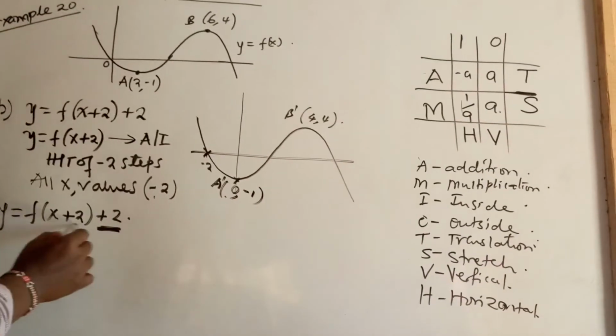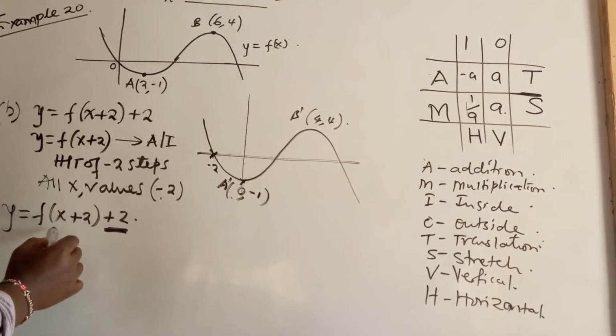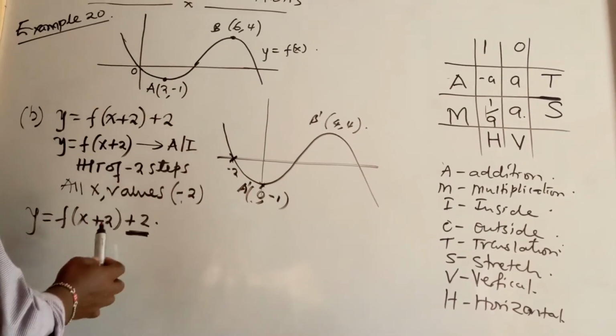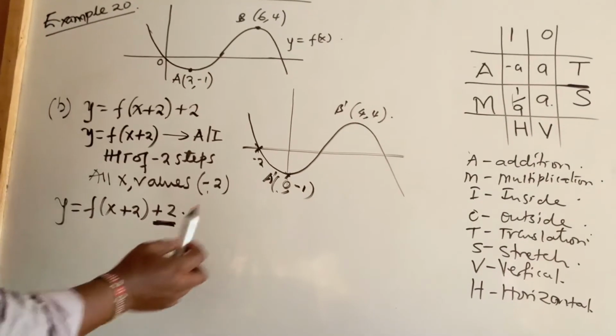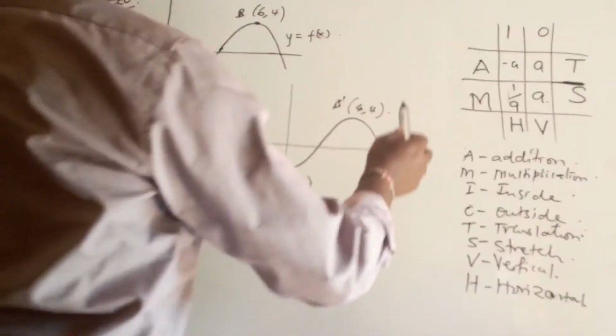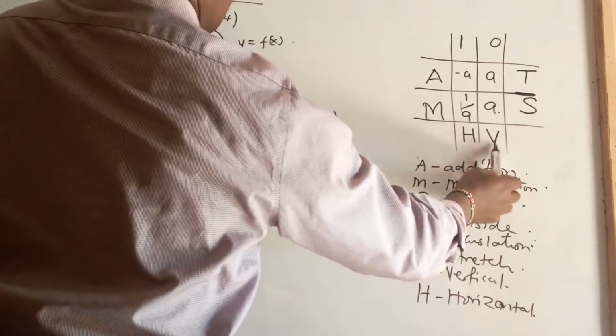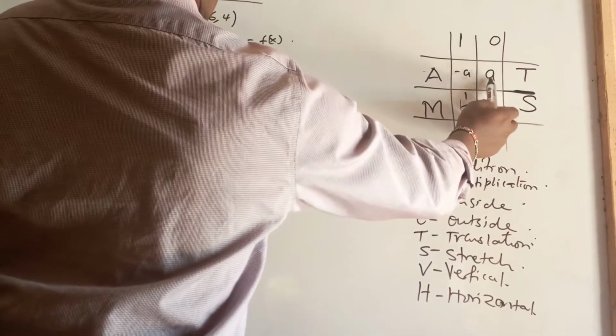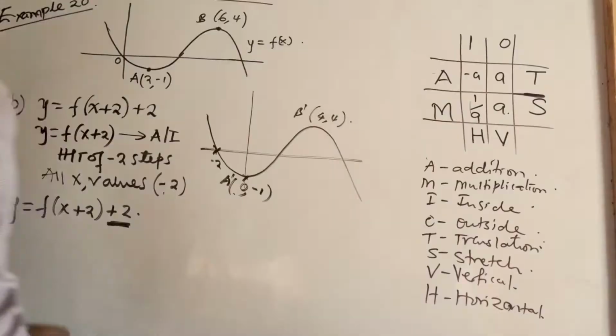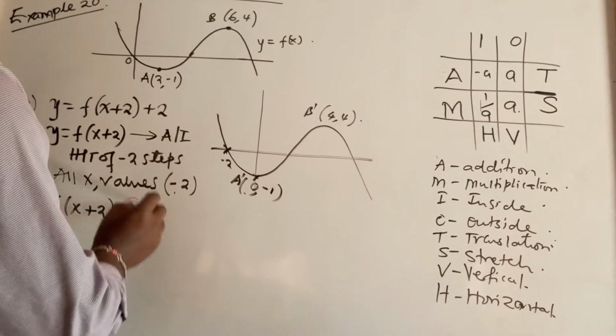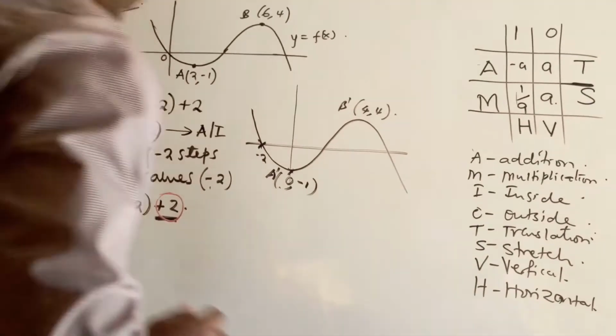It means the graph which we have already realized, which is this one, is going to be affected by addition outside, meaning vertical translation of a steps. In this case, our a is 2.